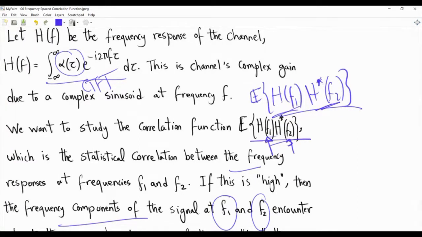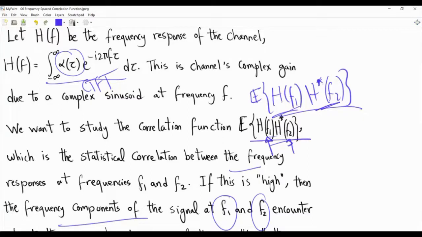So the study of this function tells us what happens to the signal. Our signals are never sinusoidal signals with a particular frequency. They typically involve an infinitude of a continuous frequency variable, and the various frequencies will encounter various channel filter gains.